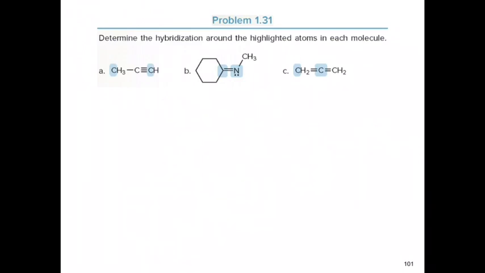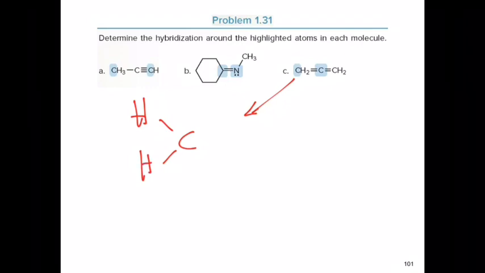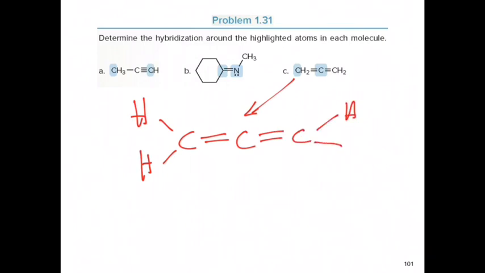And for the last molecule here, we have this carbon that's single bonded to hydrogen atoms and then double bonded to a carbon, and this carbon is also double bonded to another carbon. All right, so looking at this first carbon here, it has 1, 2, 3 electron groups.